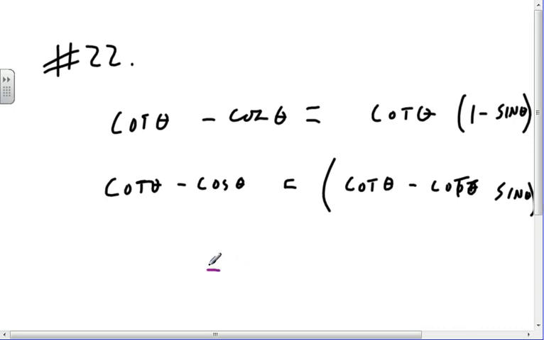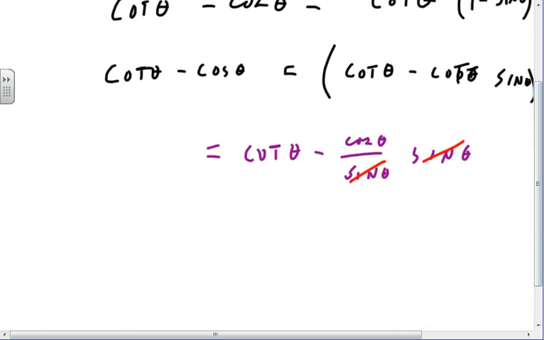Then that's equal to cotangent theta minus cosine over sine times sine. Then we get out our red pen, cross out, and then we write cotangent theta minus cosine theta. Get out the green pen, check, we're done.